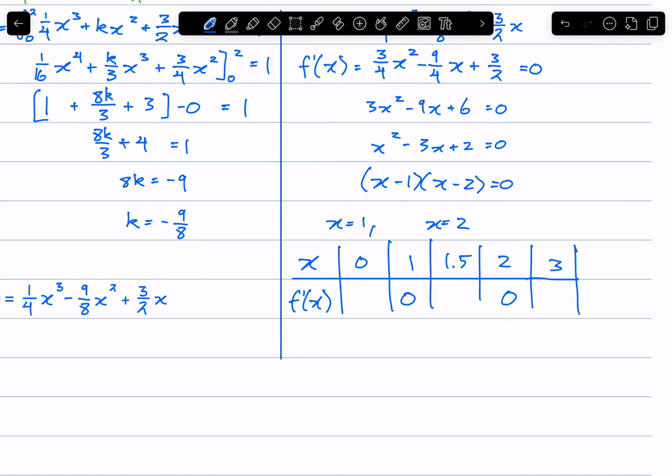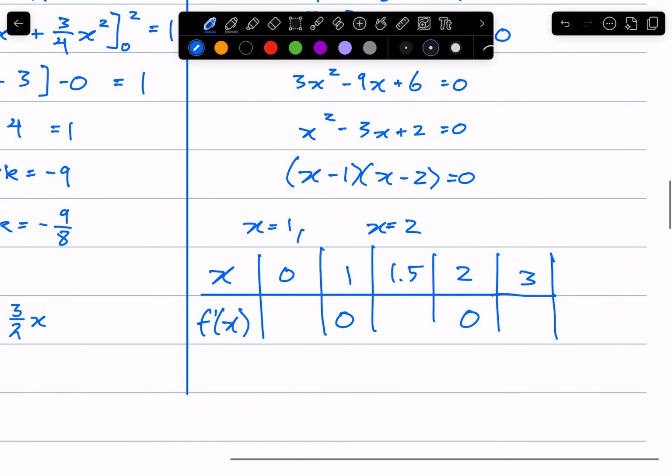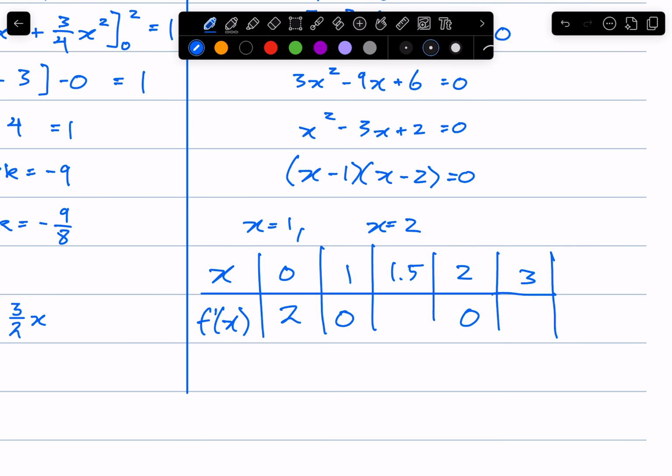Substituting 0 into here, that'll give me positive 2. Substituting 1.5, I can already see this is positive. This is 0. This should be negative now. So in our calculator, 1.5 minus 1, 1.5 minus 2 gives me negative 0.25.